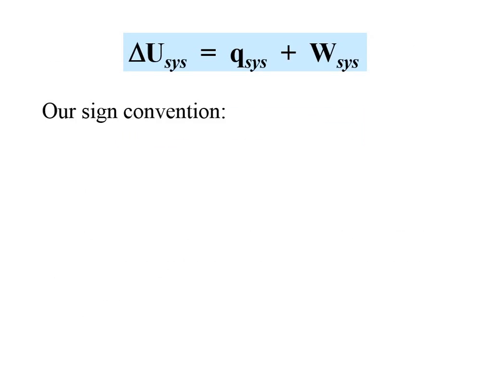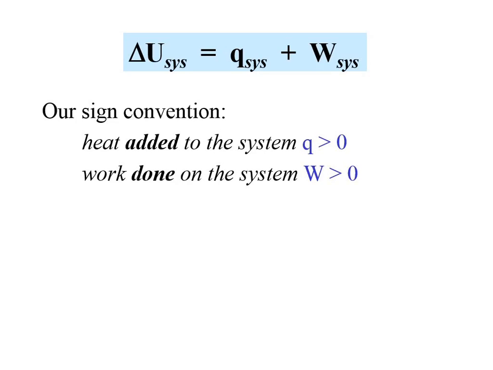Okay, so this is the first law of thermodynamics. Change in internal energy of the system is equal to change in thermal energy of the system plus the work done by or on the system. So, we talked about endothermic processes, energy added to the system, where Q is positive.